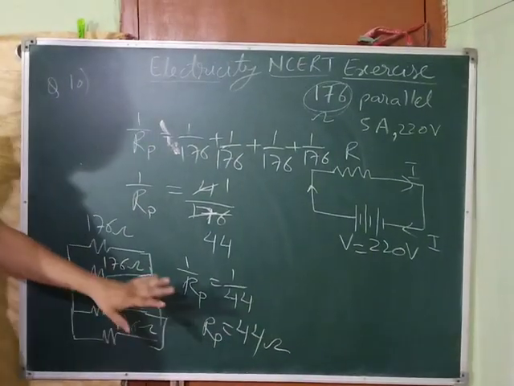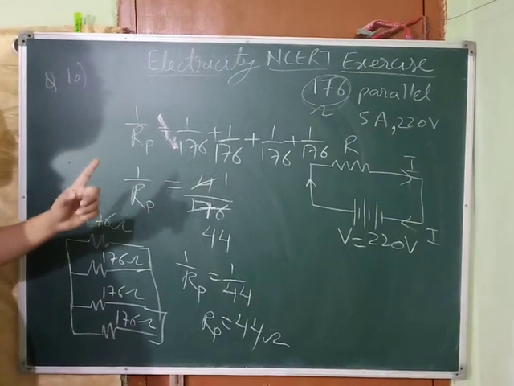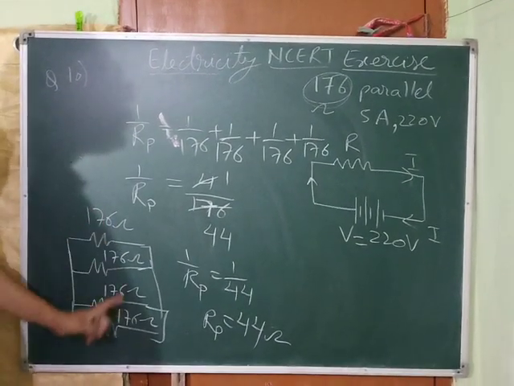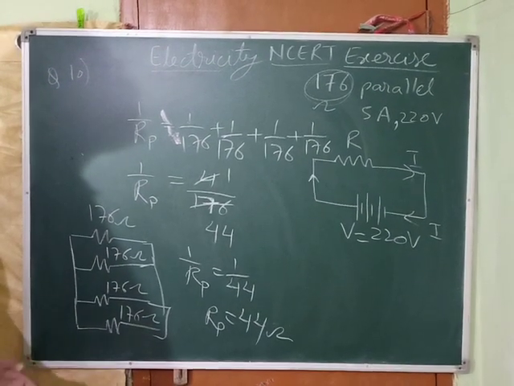So to get this 44 ohm resistance, we have to connect 176 ohm resistors. How many 176 ohm resistors? 4 resistors of 176 ohm in parallel. That was the question: how many 176 ohm resistors we have to connect in parallel.